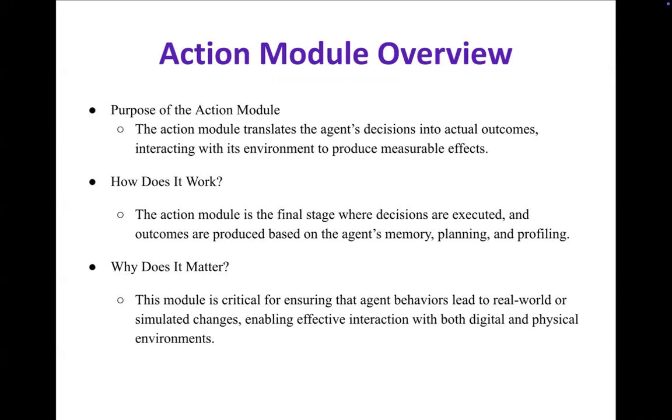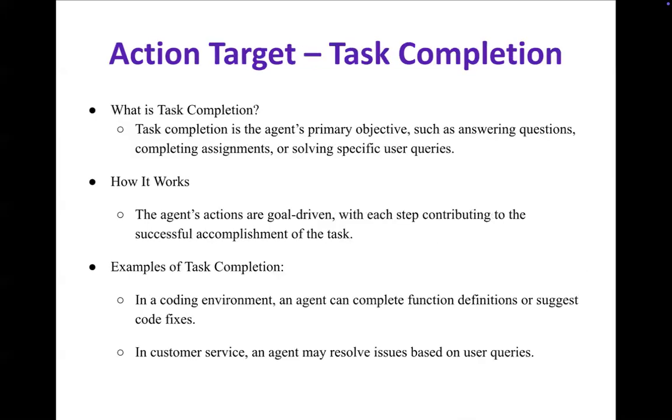This module is basically the meat of the autonomous agent system. This is the module that is critical for ensuring that agent behaviors lead to real-world or simulated changes, and this enables effective interaction with both digital and physical environments.